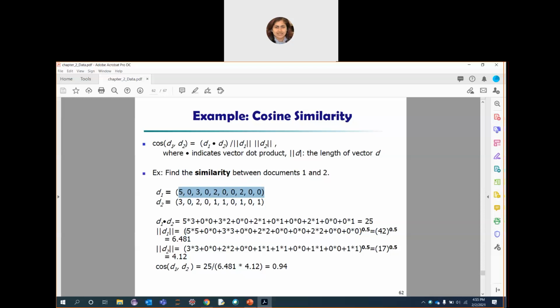Then you find the square root of it, or raise it to the power of 0.5, and that is the norm value of d1. Like that, find d2, then just divide them and find the value. This is pretty simple. You just have to follow the formula and you can easily get cosine similarity.